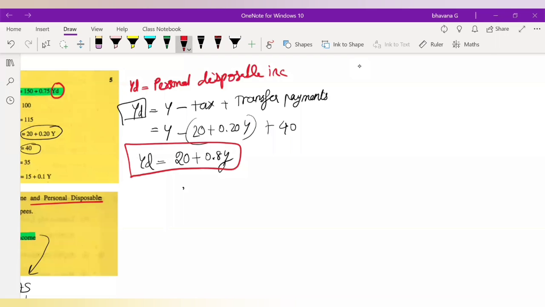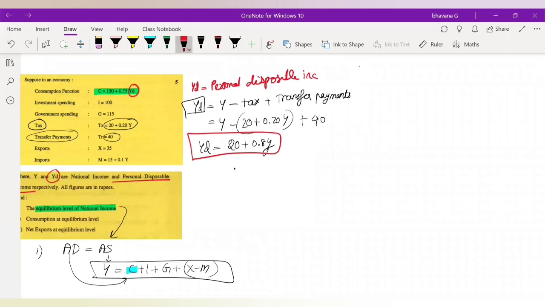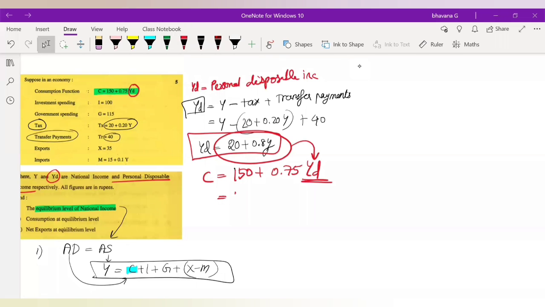So now we are going to write our consumption function. What will be your consumption function? In the question it was 150 plus 0.75 YD. So we have changed that in terms of y, and now we are going to substitute it. So it is going to be 150 plus 0.75 times YD. What is YD?